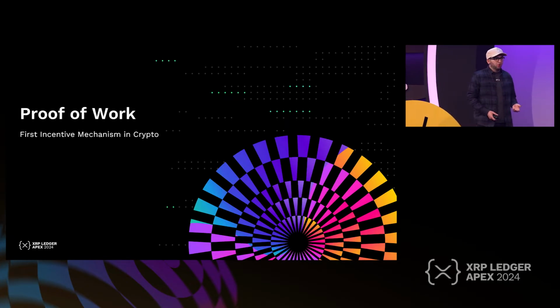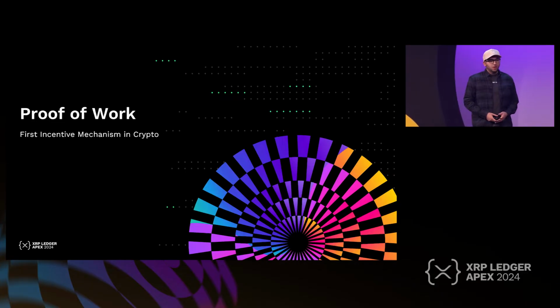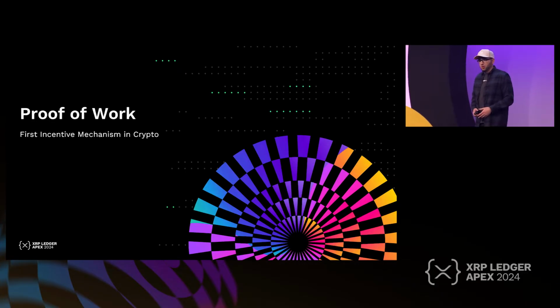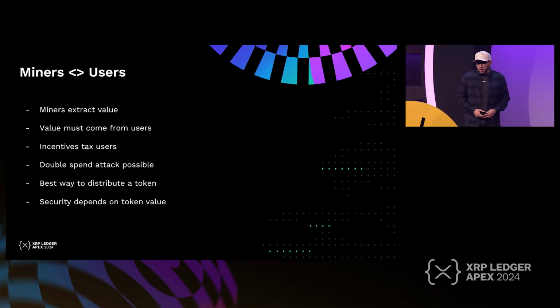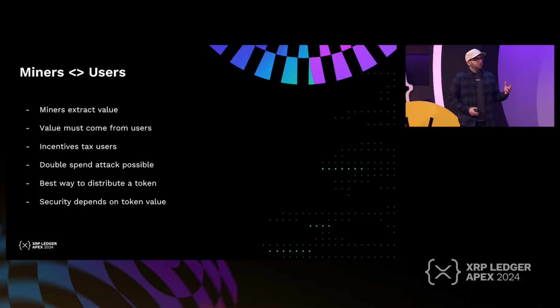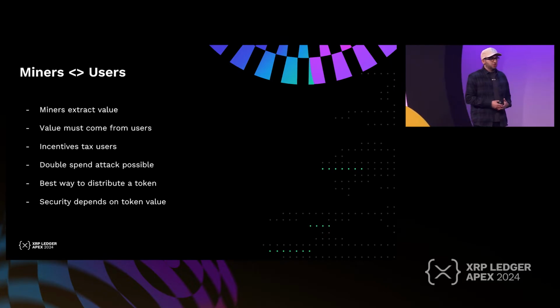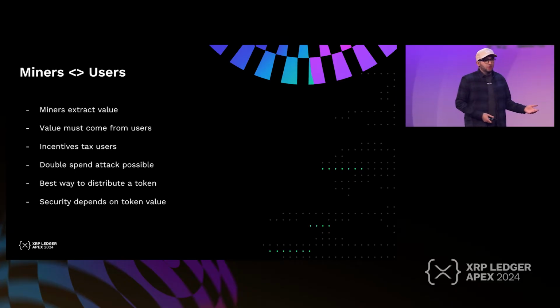We're going to start with proof of work. This is the first incentive mechanism, by Satoshi Nakamoto, that Bitcoin is using. You have two opposite-side actors: the miners, the forced stakeholders, and the users. The miners are here because they extract value. They get the rewards for mining.